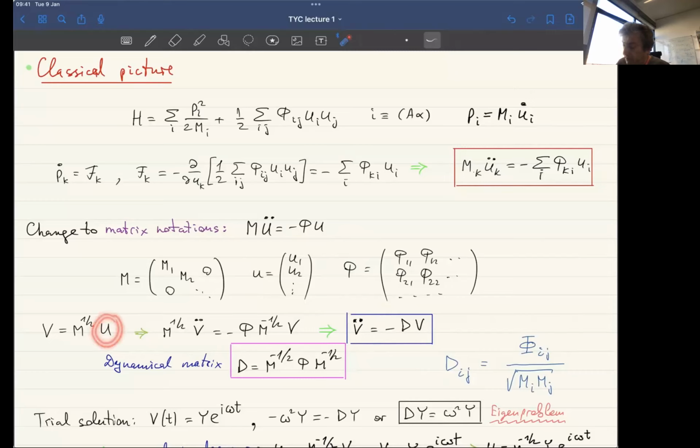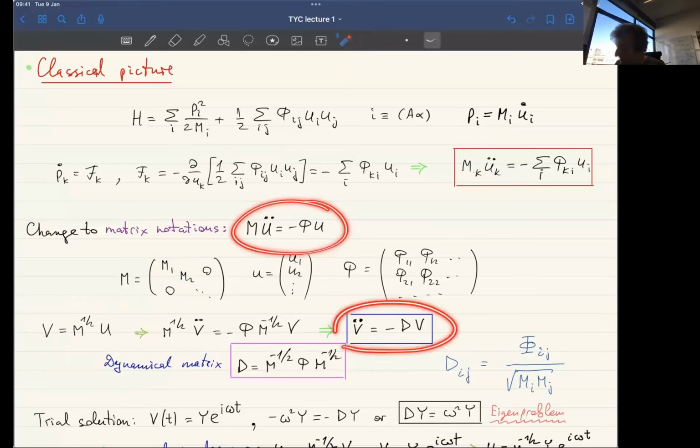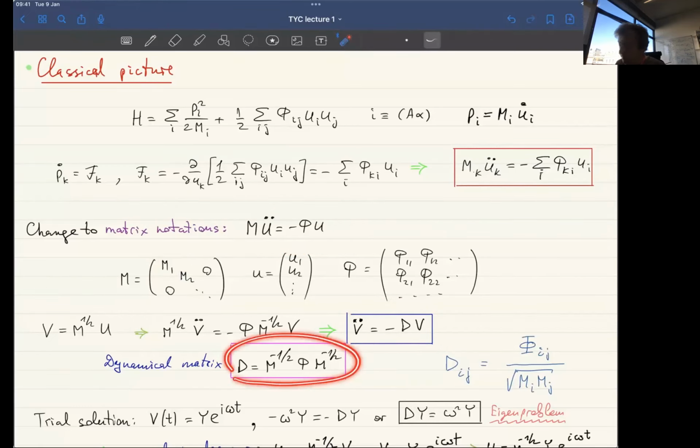So we will introduce a matrix M to the power 1/2, which is the same diagonal matrix, but with the square root of the masses appearing along the diagonal. And so with this new rescaled displacement V, these equations of motion would look like that, where matrix D is the force constant matrix rescaled by atomic masses.